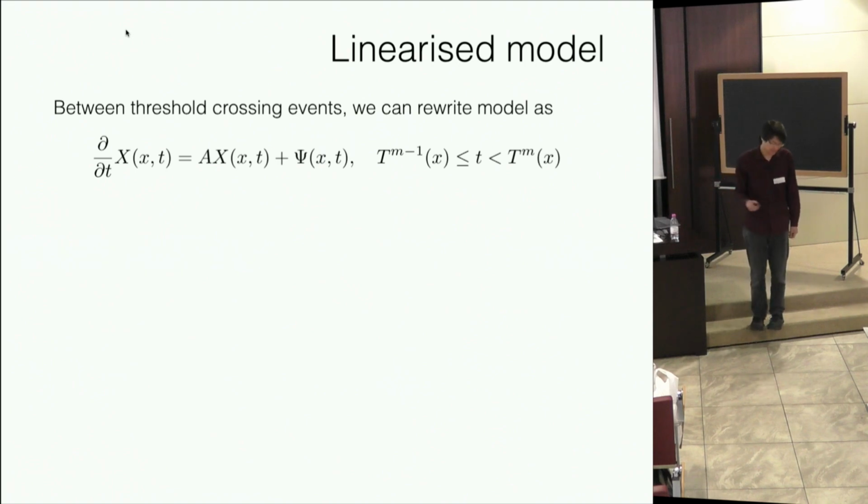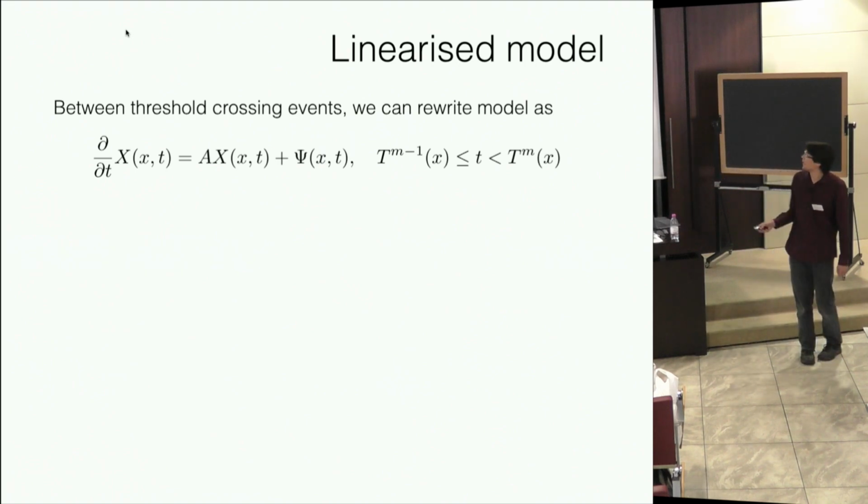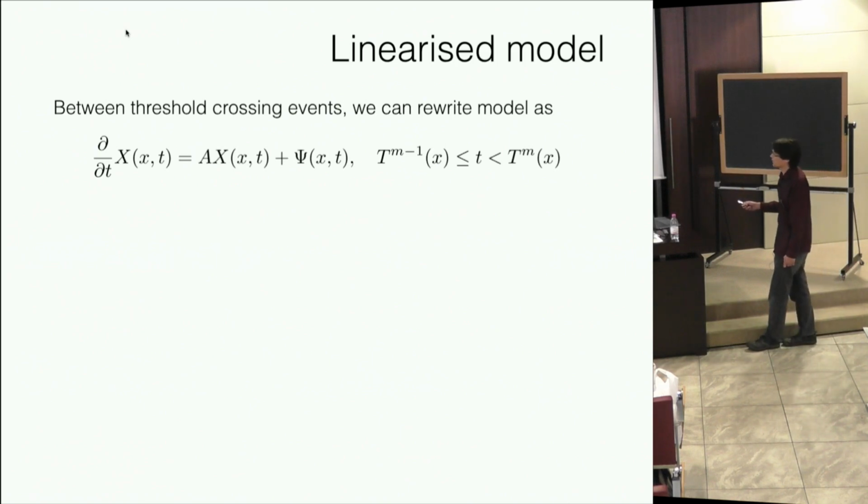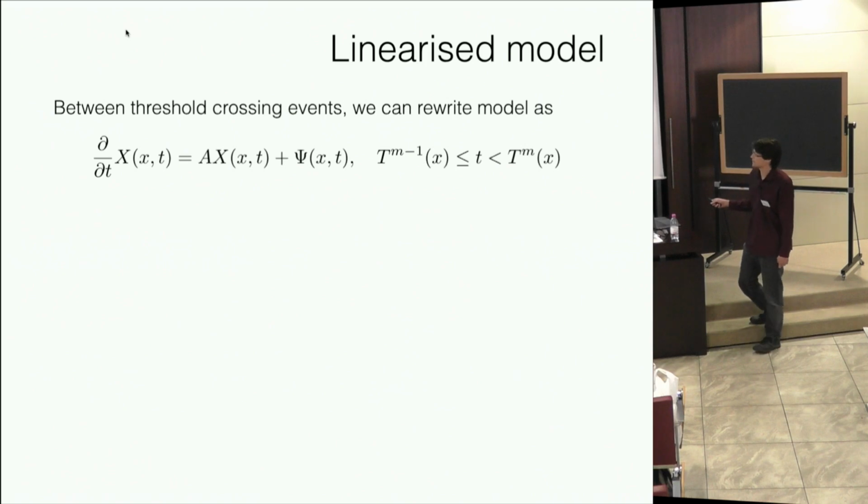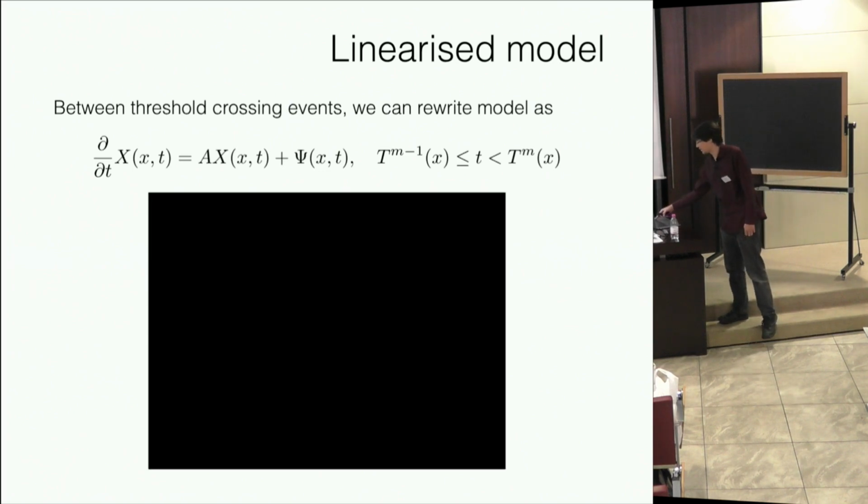We can go back to our linear algebra theory and say the system looks like some matrix A times X, where X is V and the proportion of open IH channels, plus this psi, which is the interaction with the rest of the network. So all of the coupling is encoded in this term.